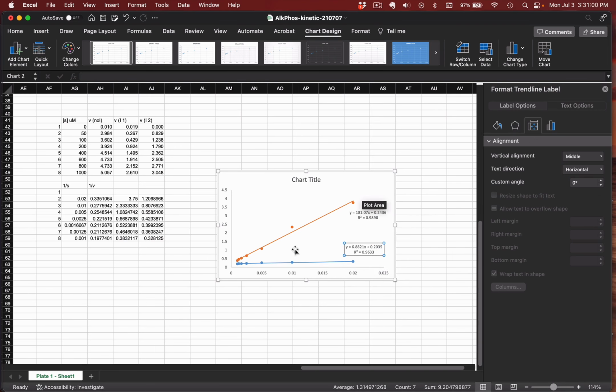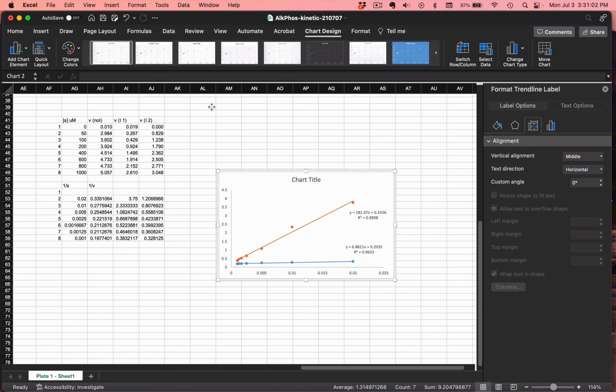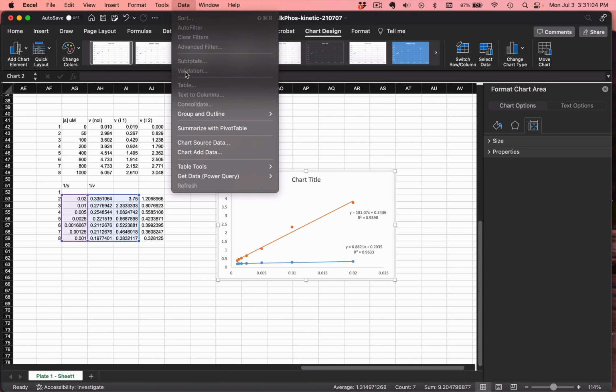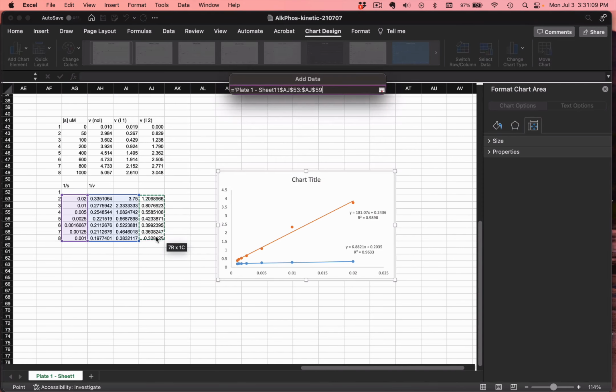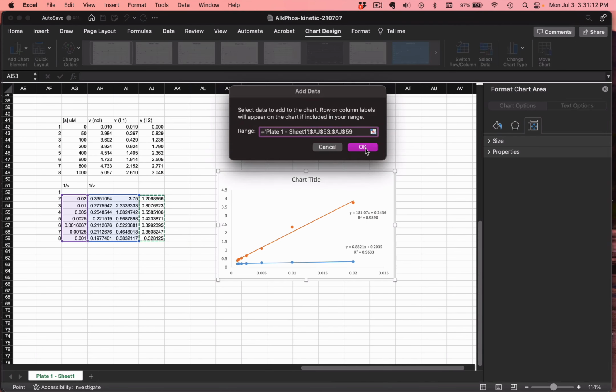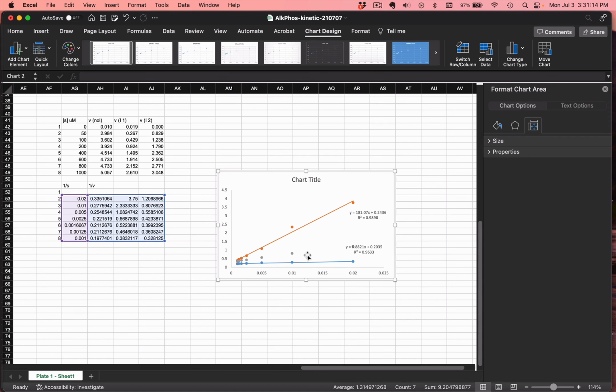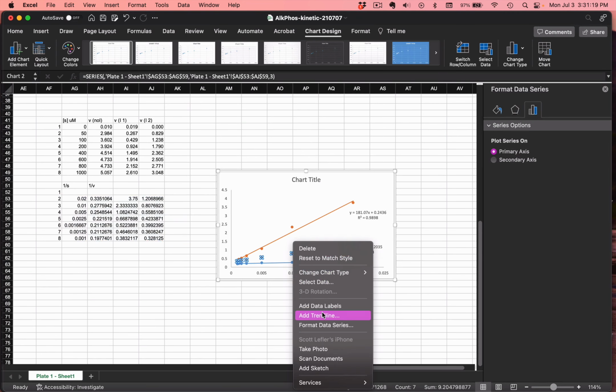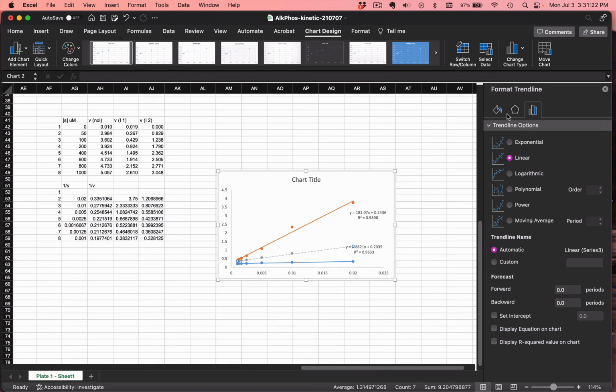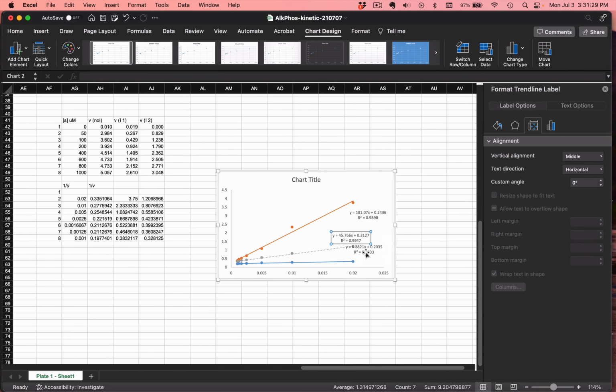Now we're going to add one more set of data. So chart, add data. Now we're going to select that column and hit OK. It ends up down here, and I will once again say add trend line. We're going to display the equation and display R squared. This is why I move these around, so that we remember which equation belongs to which line.